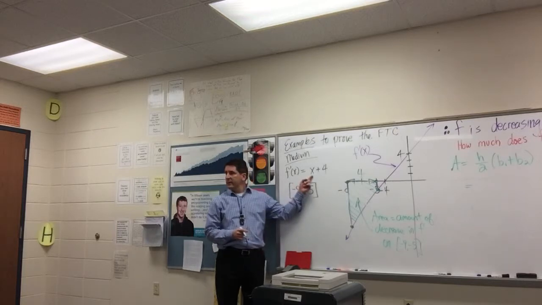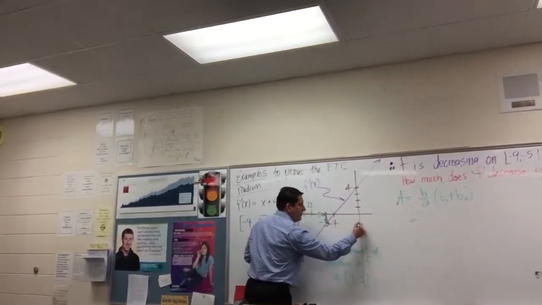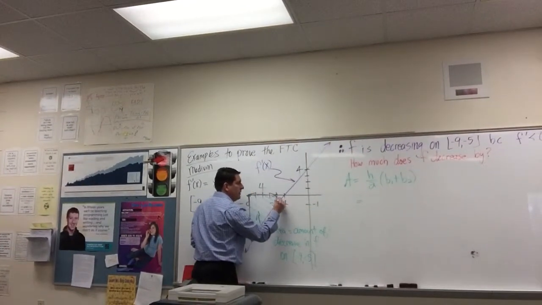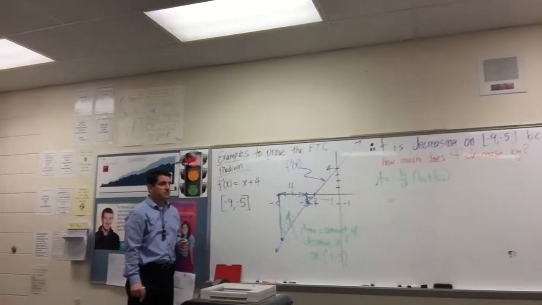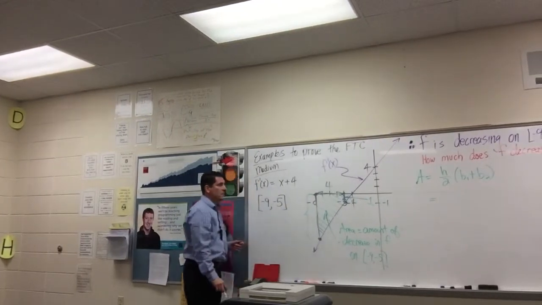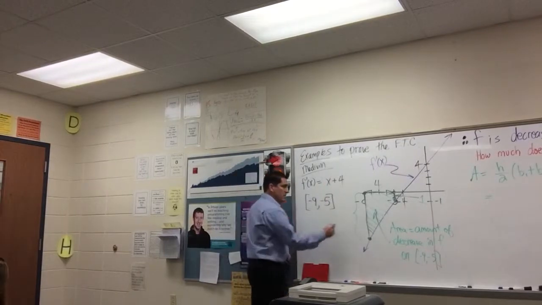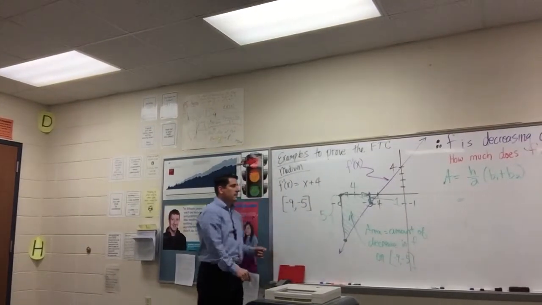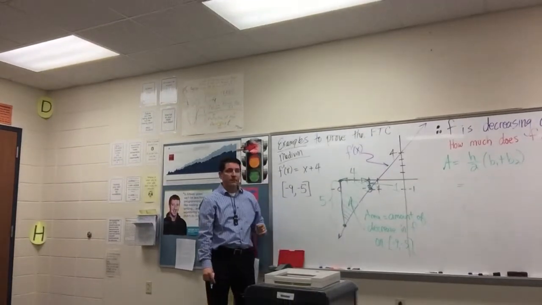Plug in the x value right here, right? That gives you the y coordinate. So if I plug in a -5, that gives me -1. So this is right at -1. So this length right here is 1. And then what is this length? -9 plus 4 is -5. So that's how far it is down. It's down -5, so that length is 5.